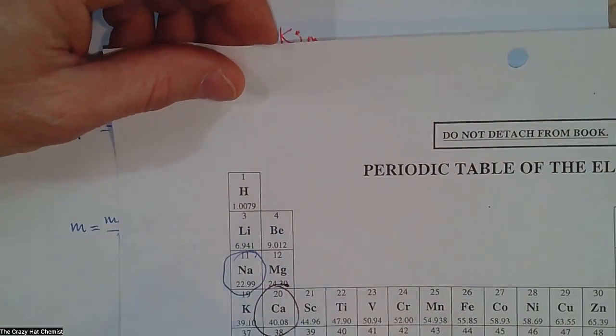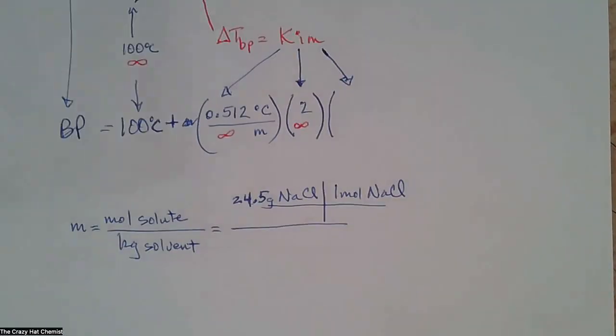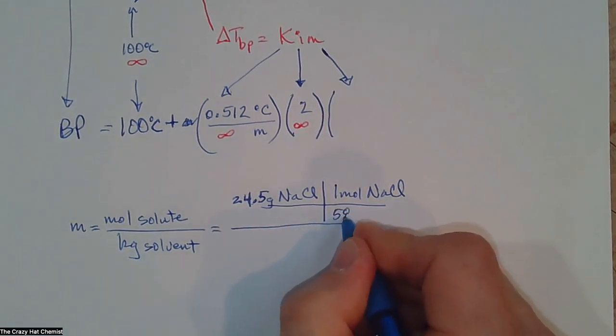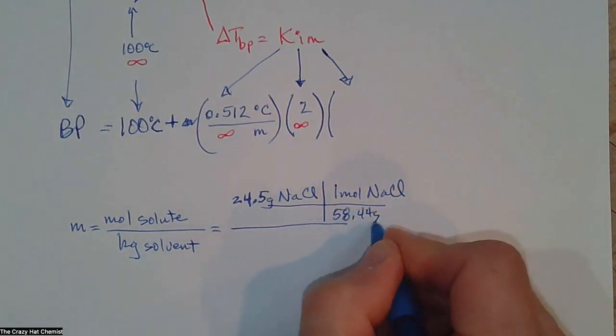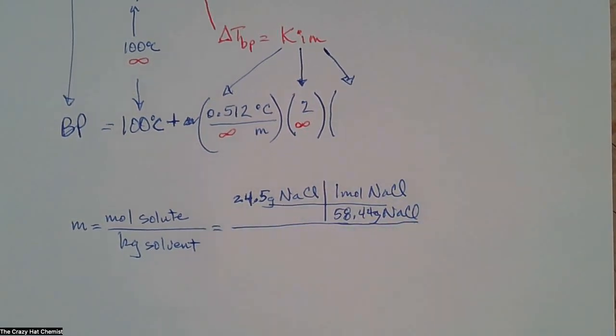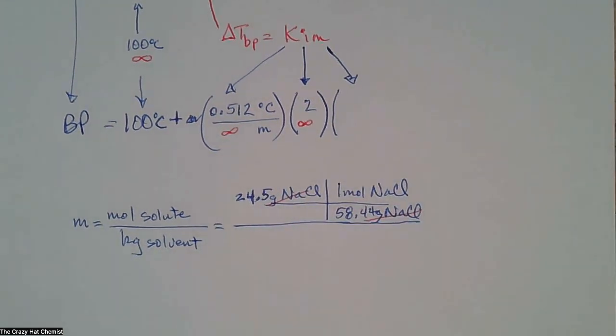That's 22.99. Chloride, that's 35.453. There's one of each of those. The sodium has 2 decimals. The chloride has 3 decimals. So I will have 2 decimals, 58.44 grams of NaCl. And that will get me the grams of NaCl will cancel out like that.